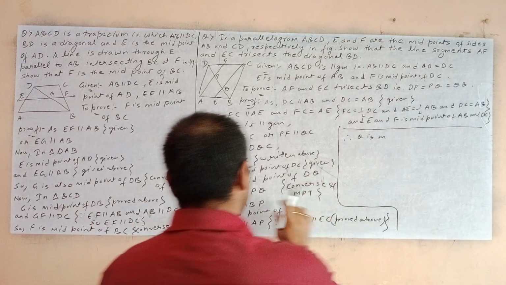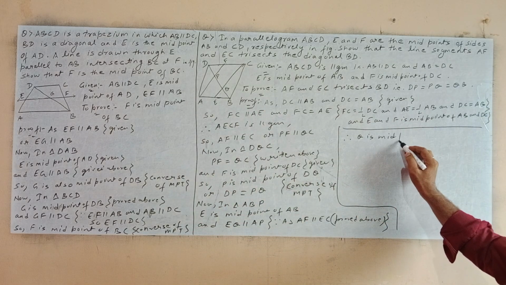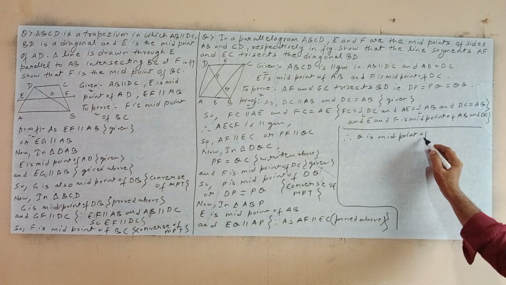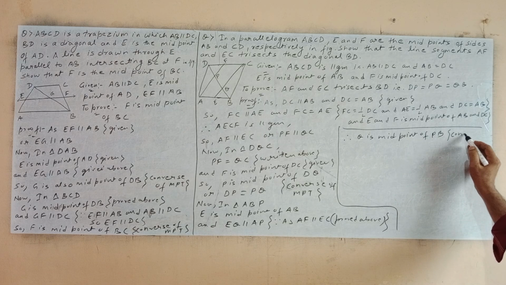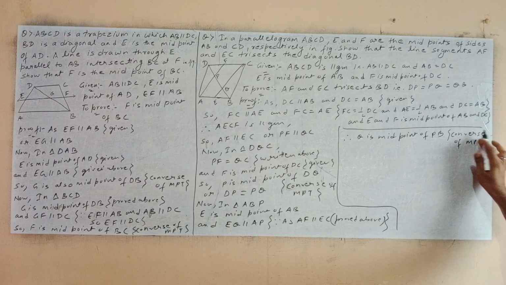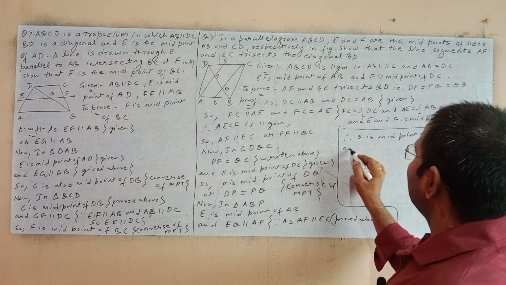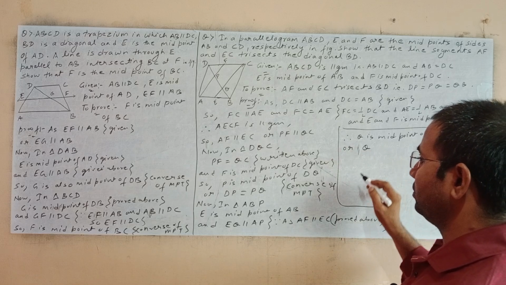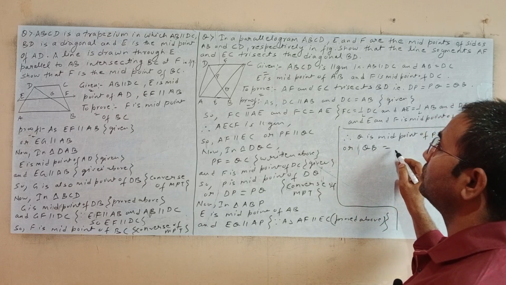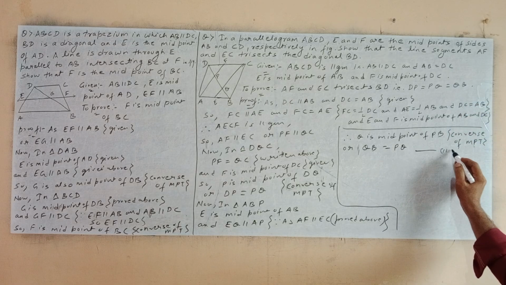So by converse of MPT, Q is the midpoint of PB by converse of MPT. Or you can write QB is equal to PQ, and take it as the second equation.